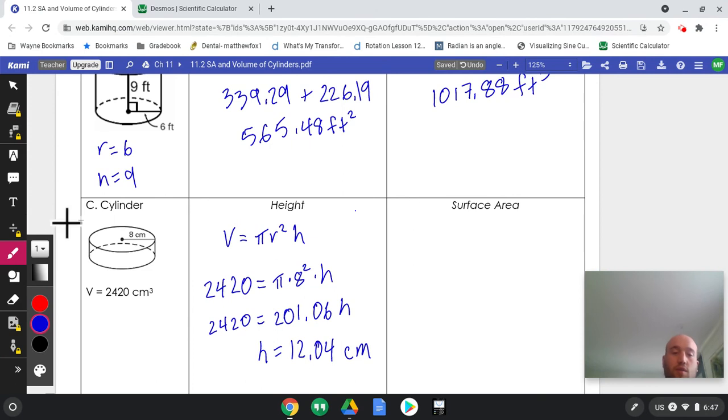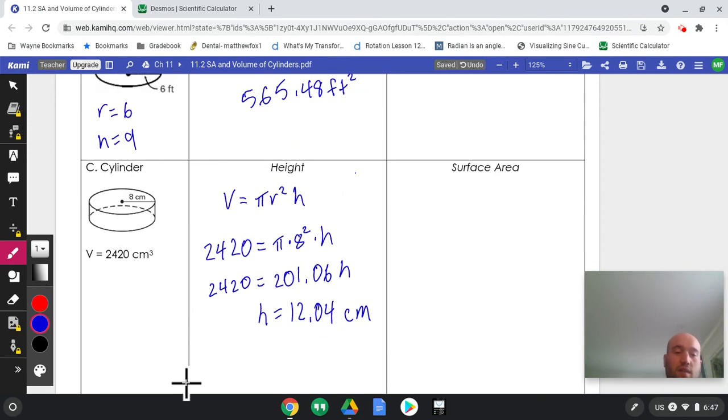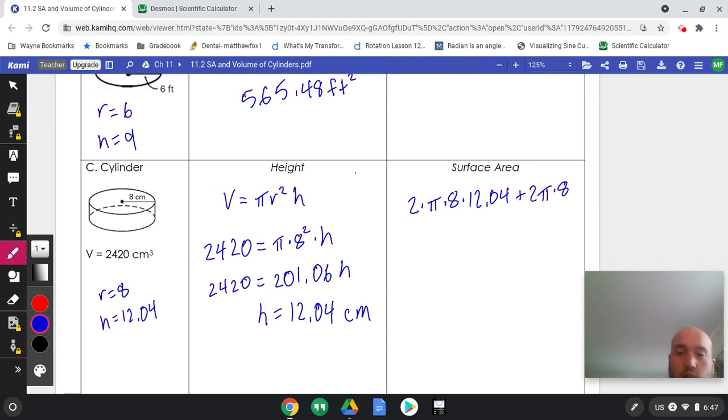Now that we know the height, we already knew the radius. Radius was 8. If it helps you, you can write this down over here. All we have to do now is fill that in. So 2 times pi times r times h plus then 2 times pi times the radius squared. Okay.